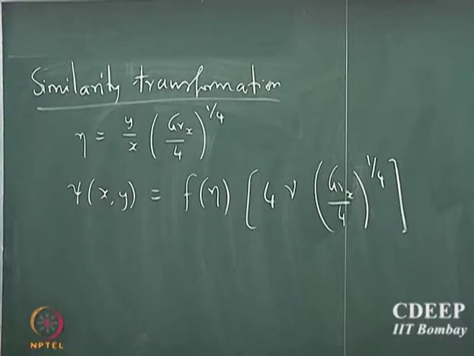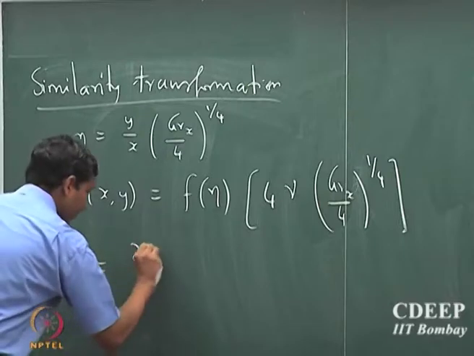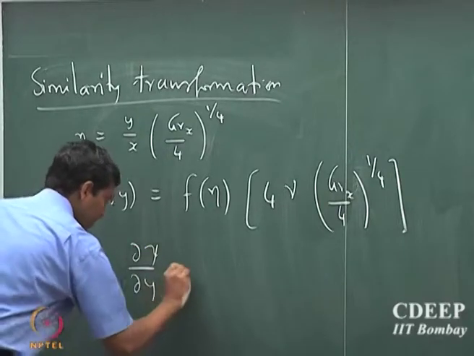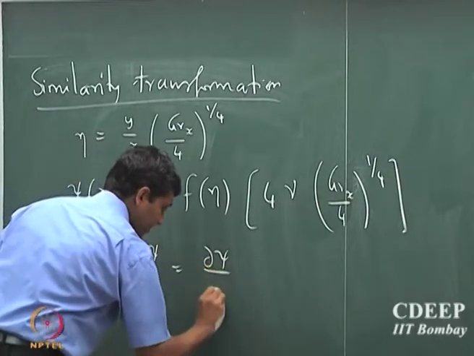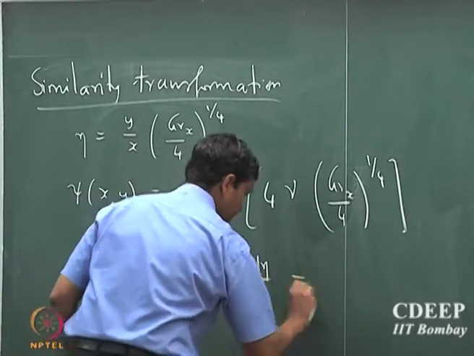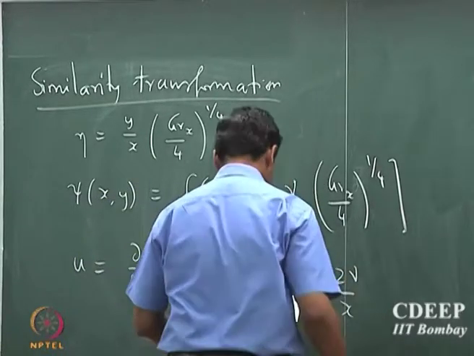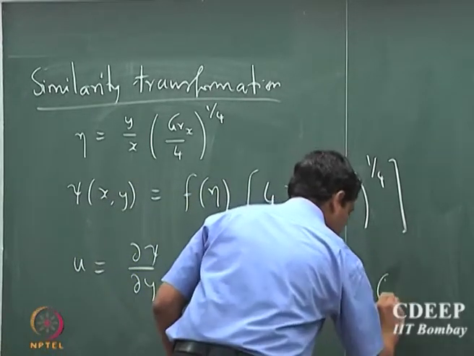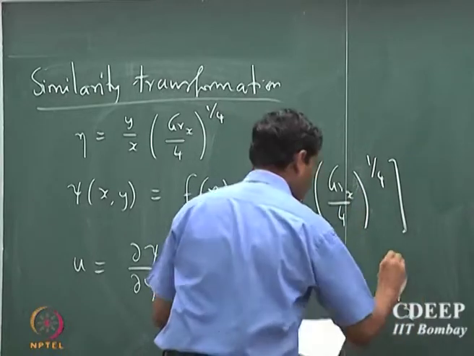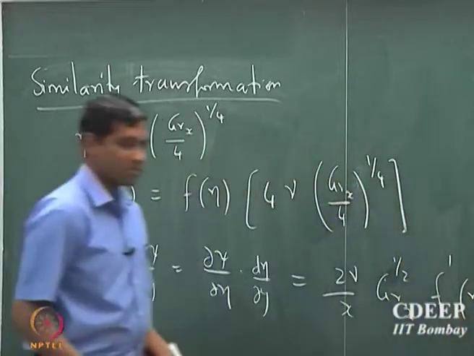So now we rewrite all the model equations in terms of these similarity quantities. You write u as d psi by dy, which is d psi by d eta into d eta by dy, and that will be 2 nu by x into Grashof number to the power of 1 by 2 into f prime of eta.